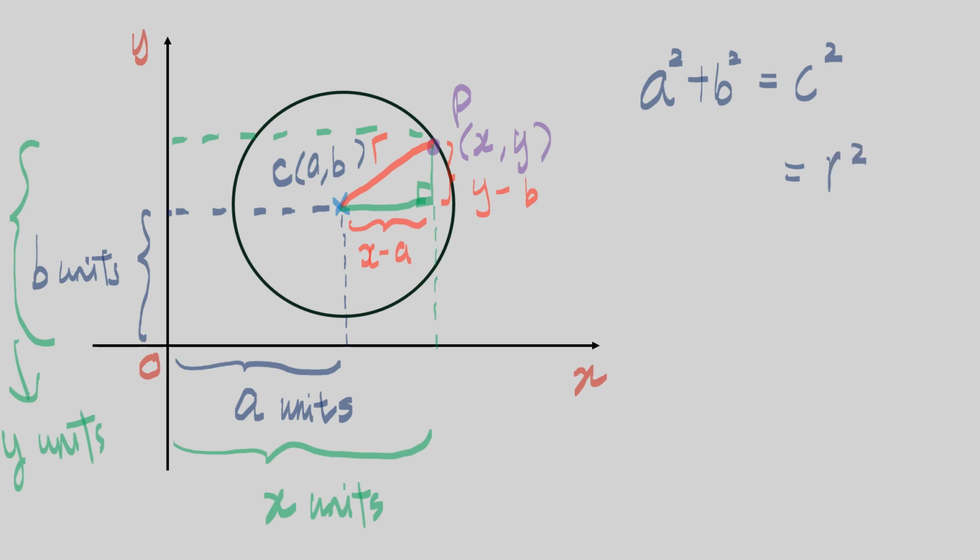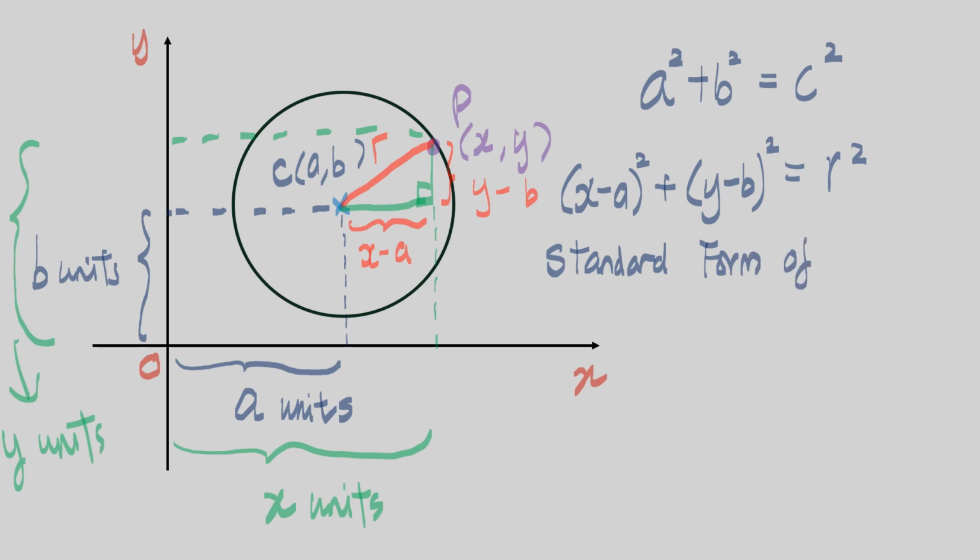Then you can let any of the two adjacent sides be a or b. One of them is (x minus a) squared, the other one is (y minus b) squared. So basically we just found the standard form of the circle.